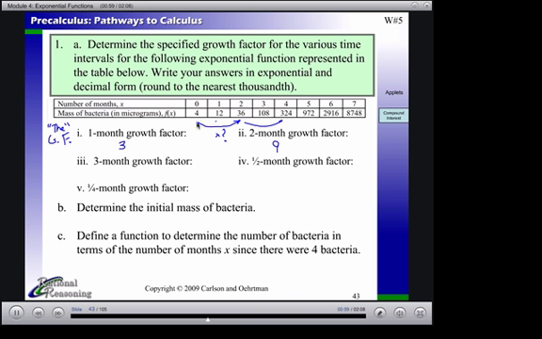Okay, notice something. Going directly to 2 months is like multiplying by the 1 month growth factor twice. It's like 3 times 3. This advances us 1 month, and then this advances us a second month. Using exponential form, that is 3 squared.